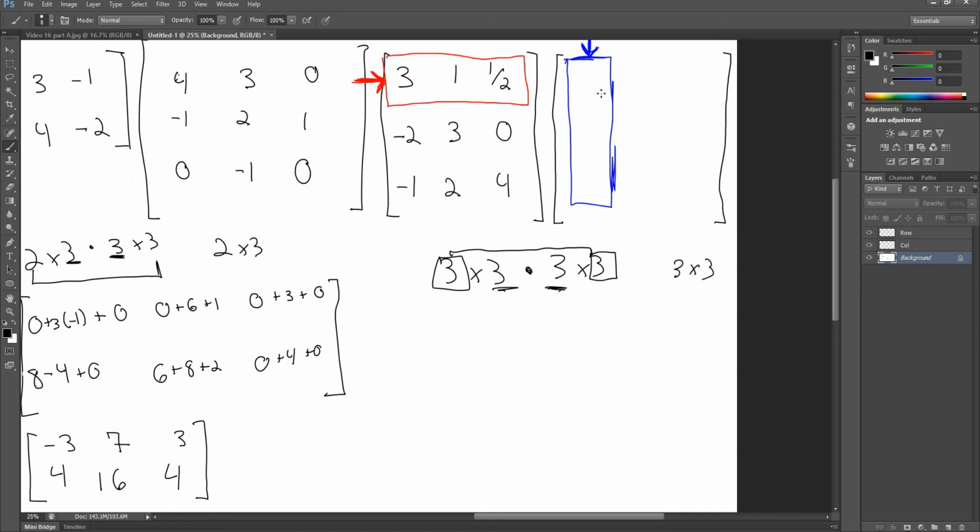So in the end, I should have a 3 by 3 matrix. So I'm just going to do this as 1, 2, 4. This will be 2, 0, 6, and negative 1, 1, 3.